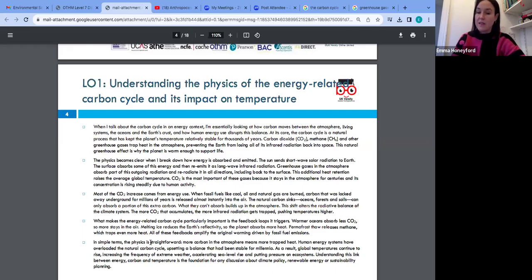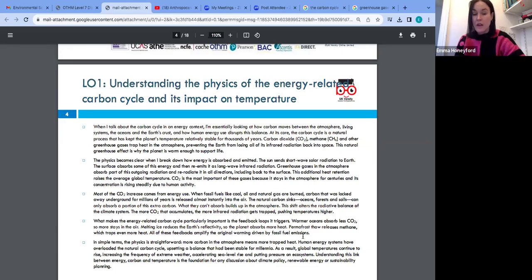So all of these feedbacks amplify the original warming driven by fossil fuel emissions. In simple terms, the physics is straightforward, and more carbon in the atmosphere means more trapped heat. Human energy systems have overloaded the natural carbon cycle, upsetting a balance that has been stable for millennia. As a result, global temperatures continue to rise. So this increases the frequency of extreme weather, accelerating sea level rise, and putting pressures on ecosystems and biodiversity.